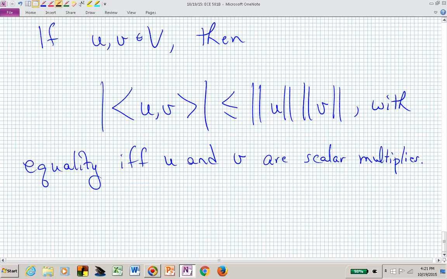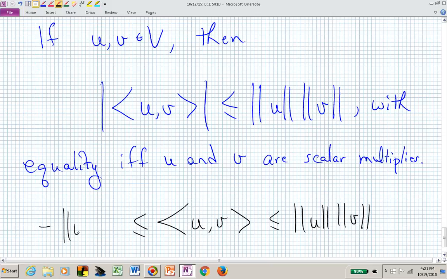We could also remember what this absolute value sign does for us, and we could say, oh, if I now allow this to just be the inner product, then that's bounded above by the norm of u times the norm of v, and it's bounded below by the negative of that.